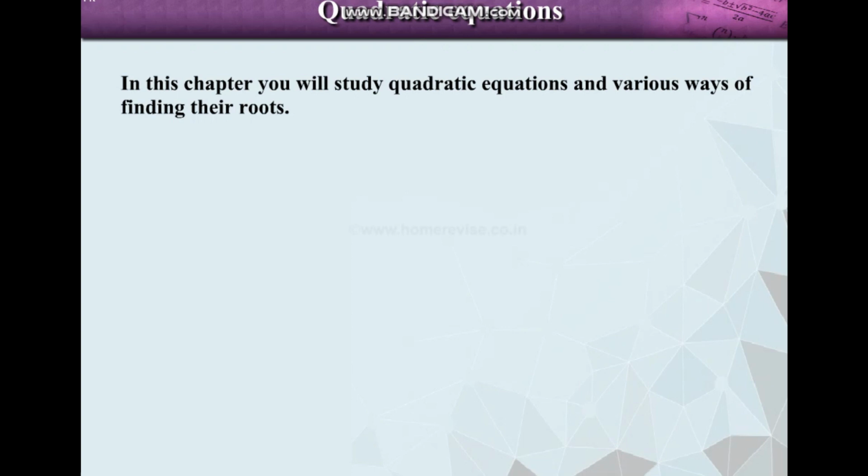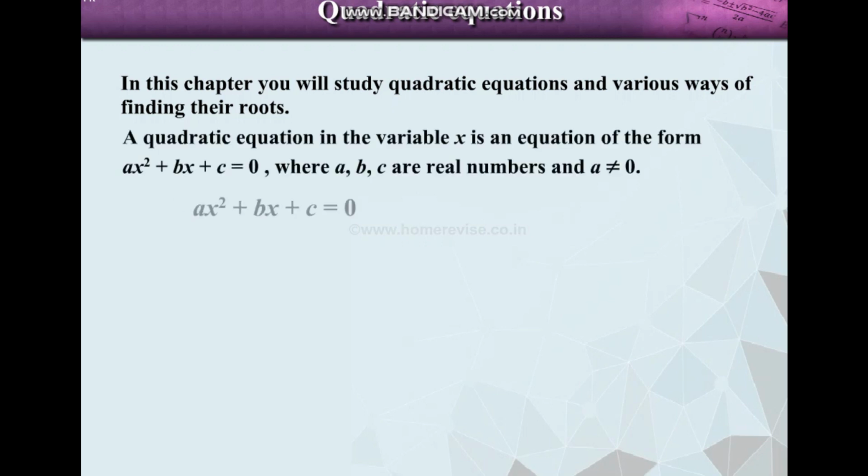In this chapter, you will study quadratic equations and various ways of finding their roots. A quadratic equation in the variable x is an equation of the form ax square plus bx plus c is equal to 0, where a, b, c are real numbers and a is not equal to 0. For example, 2x square plus x minus 300 is equal to 0 is a quadratic equation.